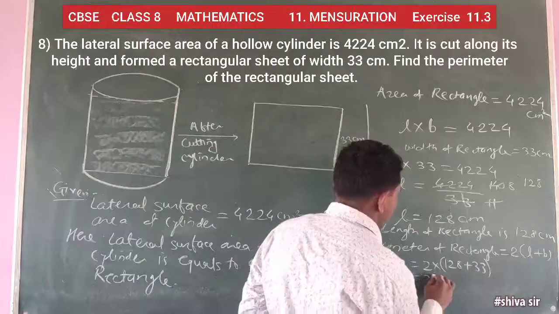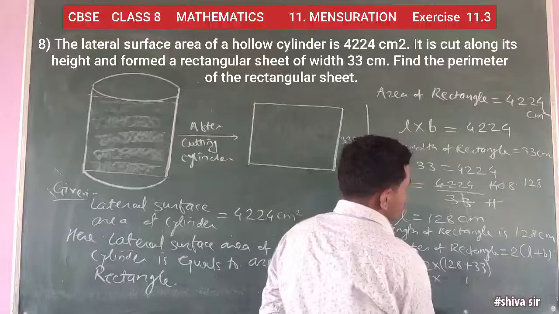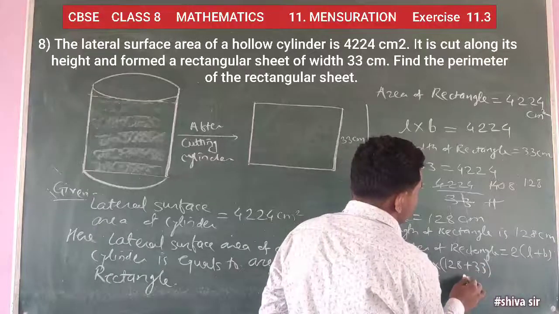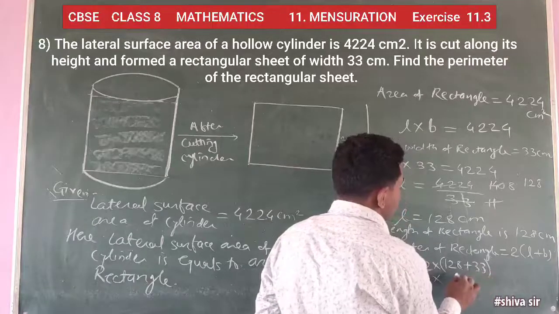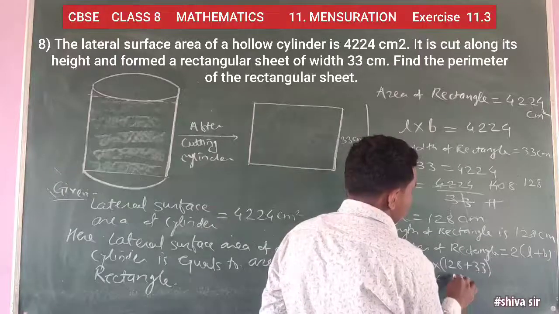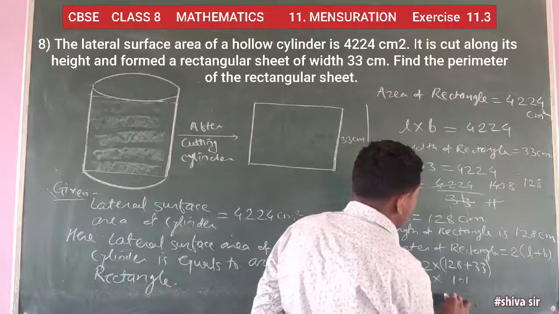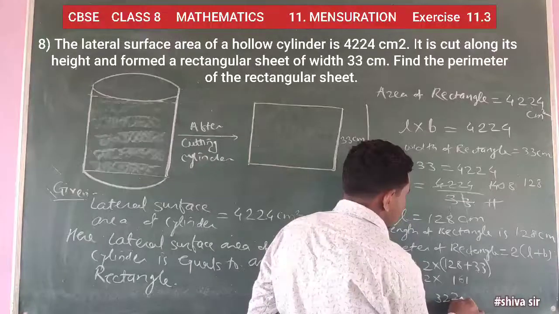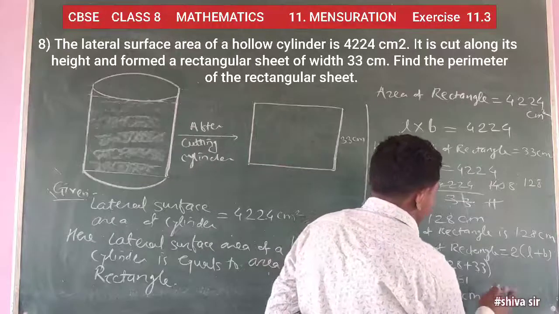So here 2 into 1, after that carry 1, 4, 2, here 6 and 1 as it is, means 161. So 2 into 161 means 322 centimeter.